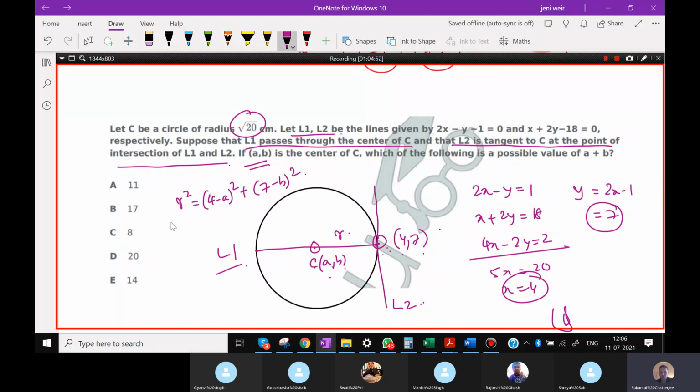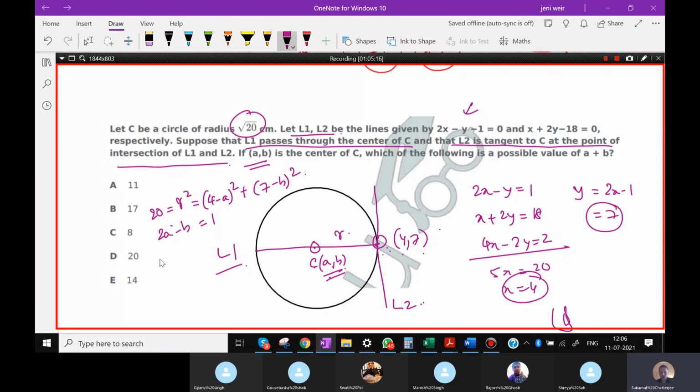And r is root 20, so this is equal to 20. So this is one of the equations that I get between a and b. And the second equation would be that (a, b) is a point on the line L1. So a and b should satisfy the equation of the line 1. So that means 2a minus b should be equal to 1.